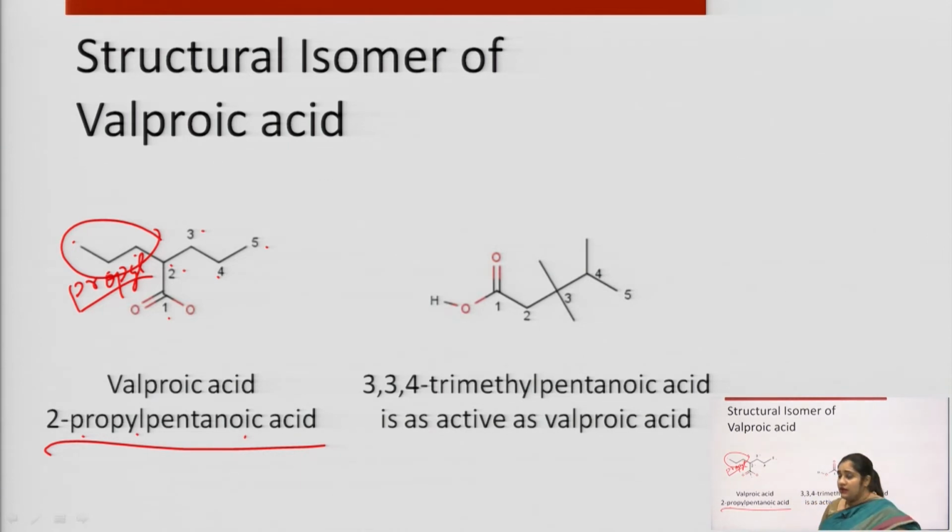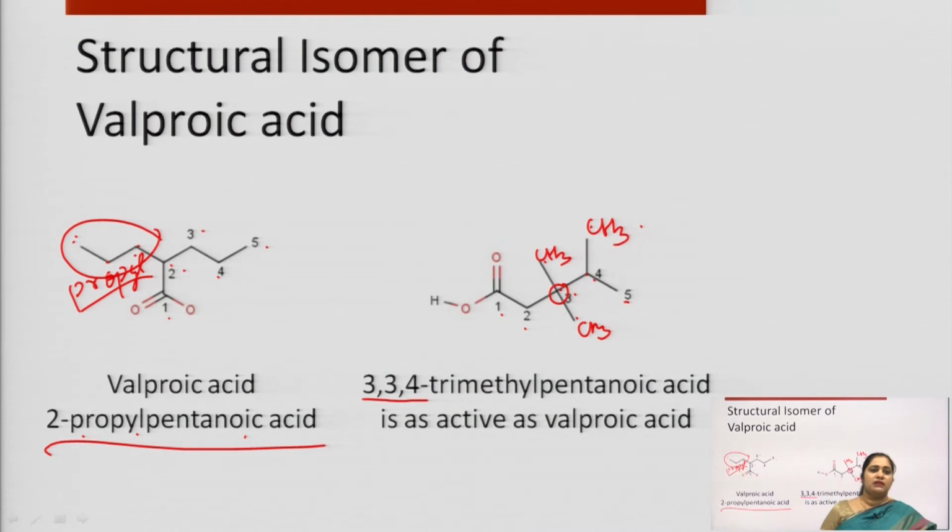Then we have another option, where the substituents are divided: two methyl groups at position number 3 and one at position number 4. This is 1, 2, 3, 4 and 5, again a pentanoic acid. The only difference is that, rather than a 2-propyl, this time position number 3 has two methyl groups, and position number 4 contains one methyl group. So it contains three methyl groups, 3, 3, 4.